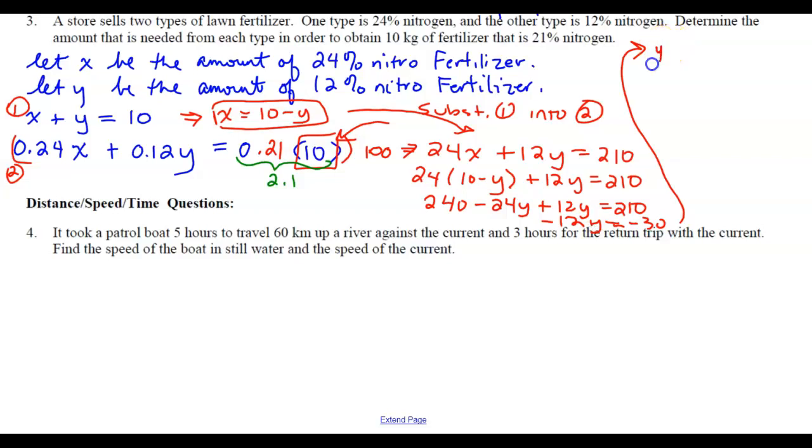Okay, so y equals negative 30 over negative 12. So negative 6 goes into that 5 times, into that 2 times.